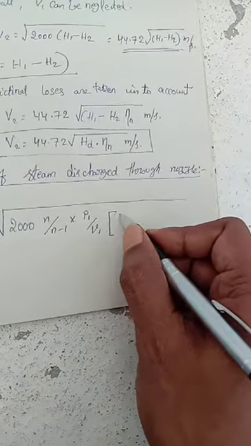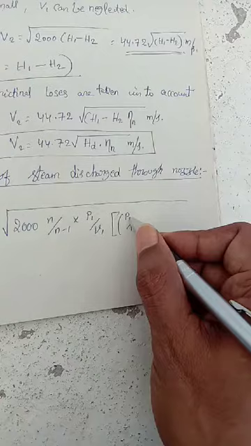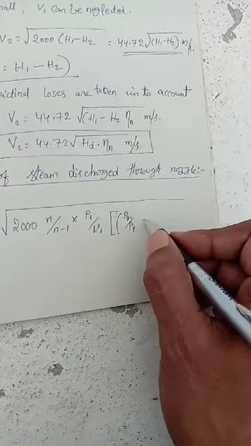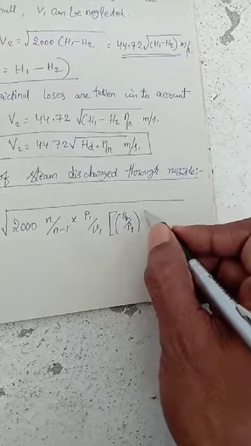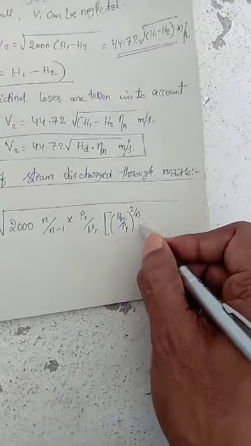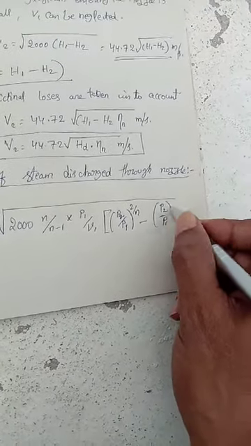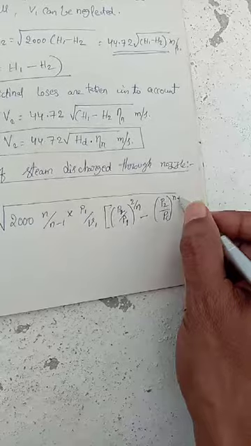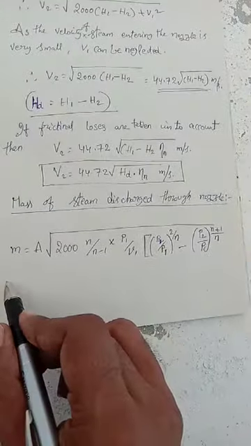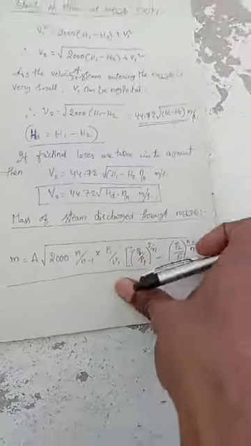Okay, now this is coming from P2 divided by P1. Yesterday we saw the thermodynamic chart. Now P2 by P1 to the power 2 by n minus P2 by P1 to the power n plus 1 divided by n. Okay, this is the equation for mass of steam discharged through nozzle.